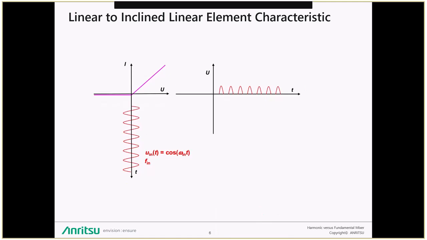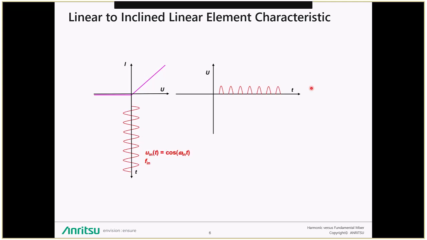So what we will get at the output is something like what we see at the left of the slide. In the negative part of the voltage, we don't have anything. All this signal has been cut off. And in the positive part, we have the same sinusoid. But the signal itself has many frequency components at the output.